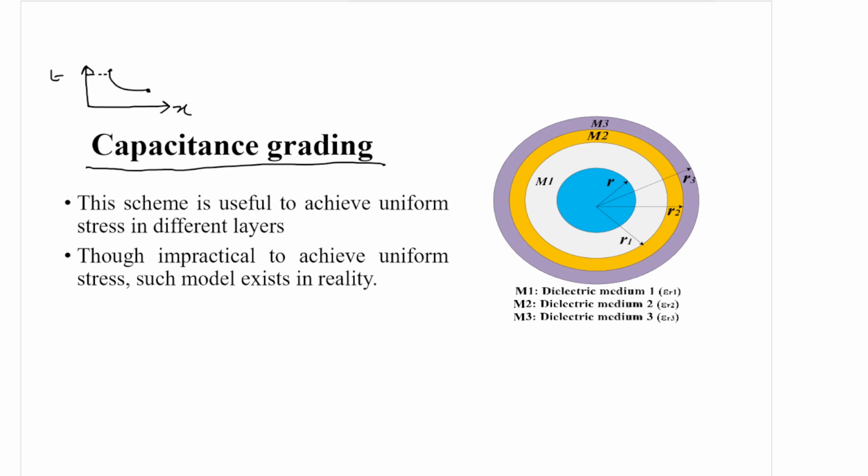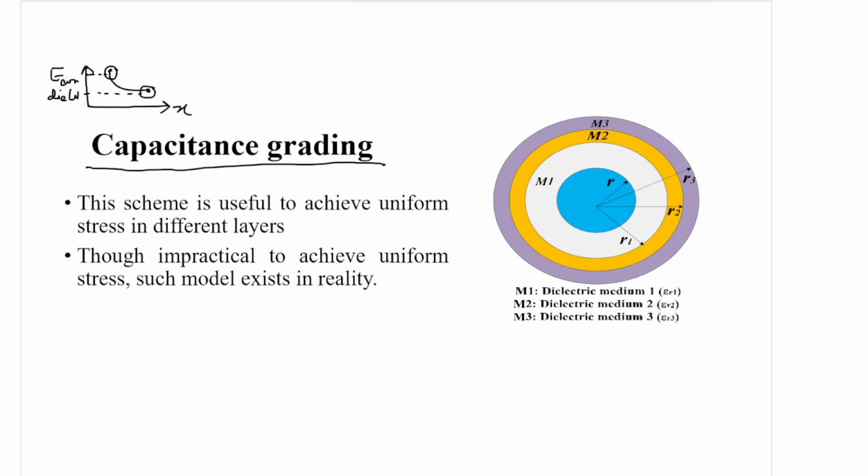This is conductor and this is dielectric surface. So maximum stress occurs on the conductor surface and minimum stress occurs on the dielectric surface.